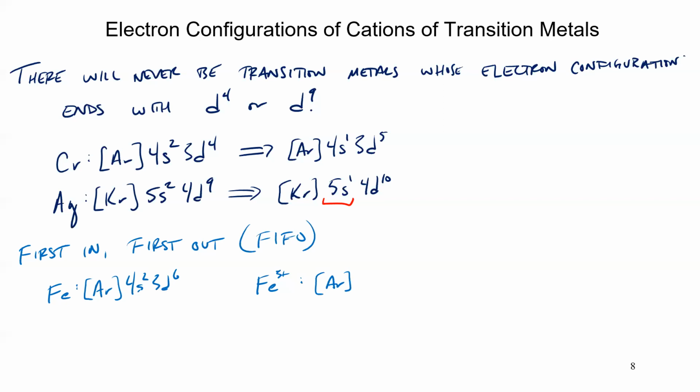When we started adding these electrons in, remember we come to the 4s subshell before we come to the 3d subshell. And so those 4s electrons are the first ones that get kicked out. But that's only 2, and so we need to take one more. So we'll take 1 from the D, and so we end up with 3d5. And so iron 3+ is argon 3d5.